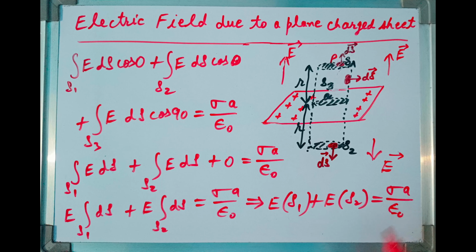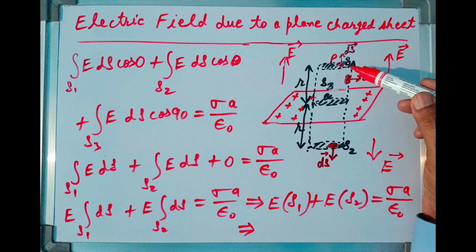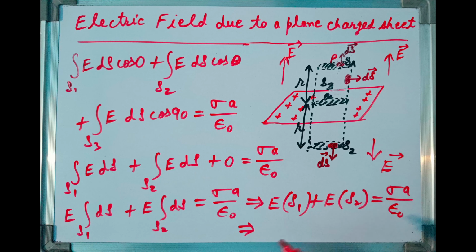Now we have already supposed that all these areas are equal. This is area A, this will also be A. So we can write E into A plus E into A is equal to sigma A divided by epsilon naught.